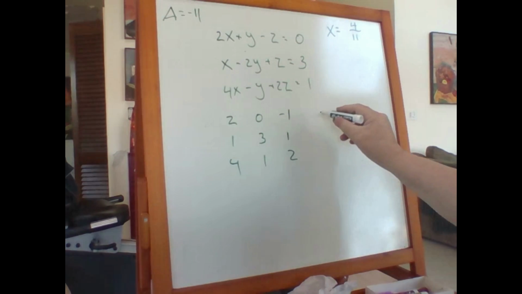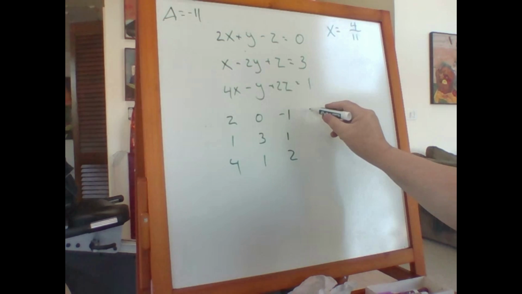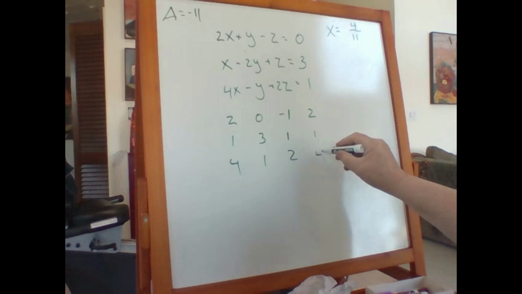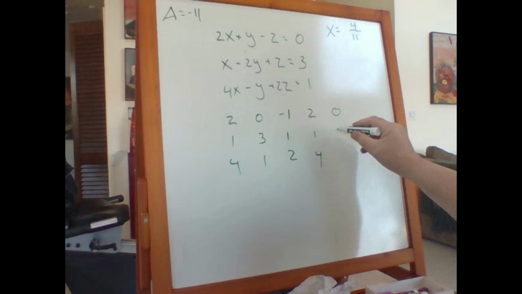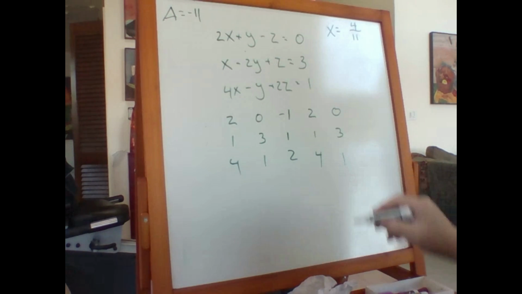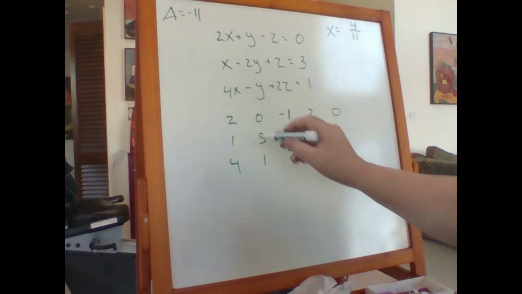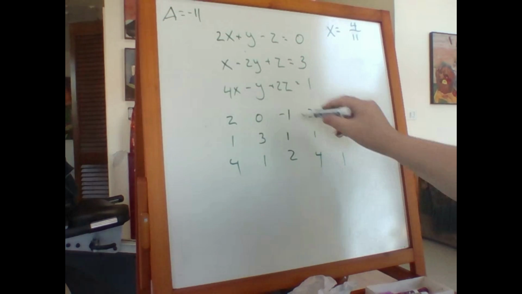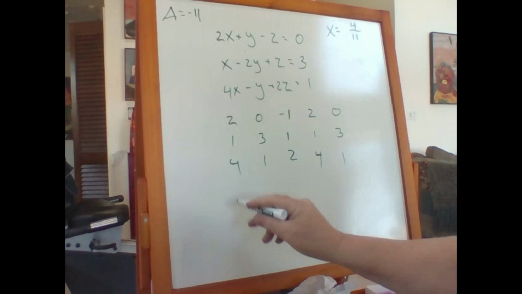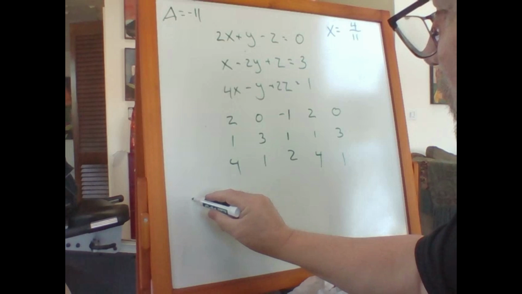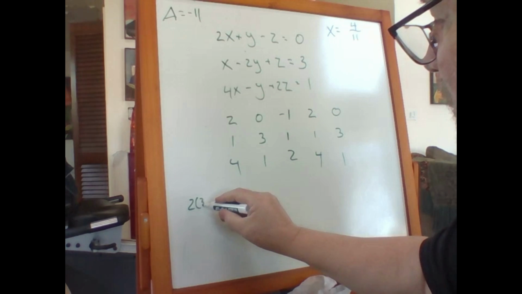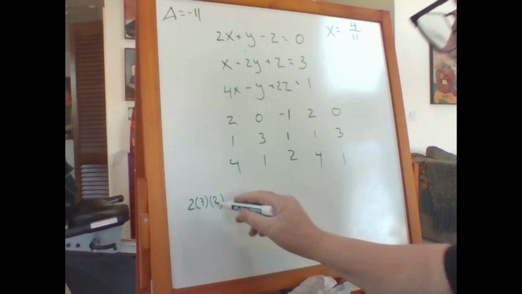And we rewrite these first two columns, 2, 1, 4. Again, this is a trick only applicable to 3 by 3 matrices. So we go diagonally this way, which is positive. So that's 2 times 2 times 3. So that's 2, 3 times 2.